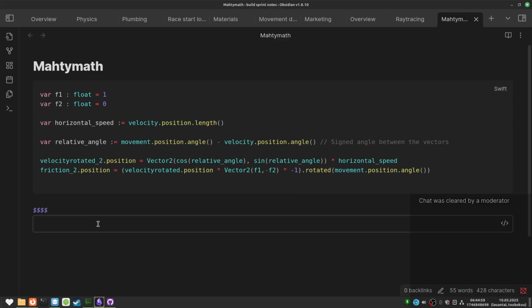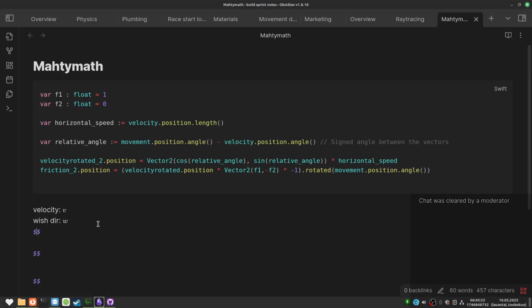First of all, these are all vectors, but I don't feel like doing the vector thing all the time, so I will not.